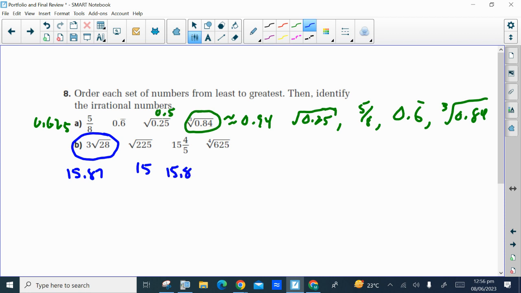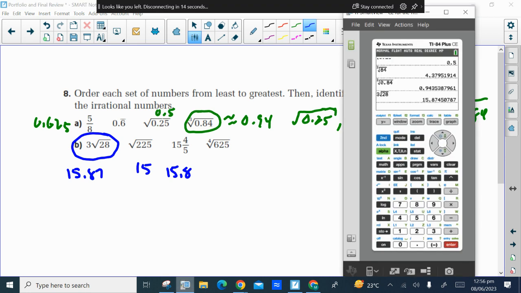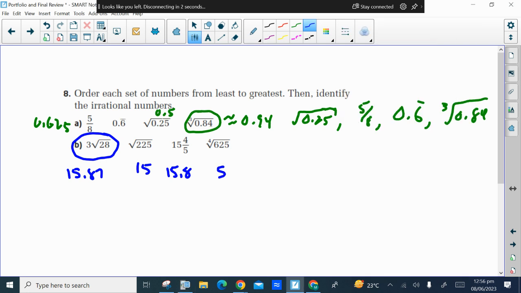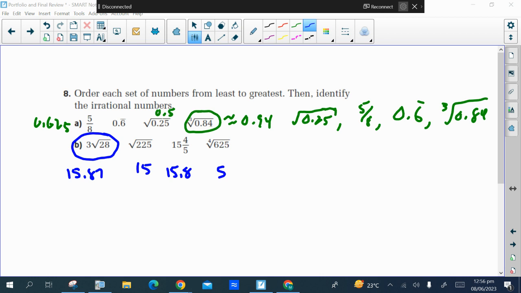You go 4 divided by 5 on your calculator, and you'll get 0.8. It is a mixed number, so it is a rational number, not irrational. And the last one, the fourth root of 625, is exactly 5. So it is rational, not irrational. There's only one irrational number here.